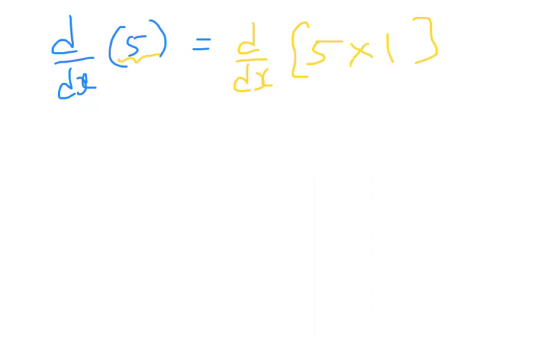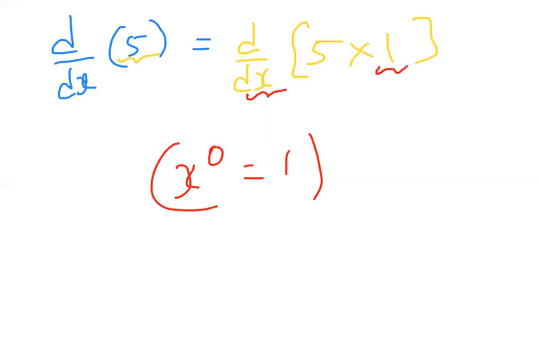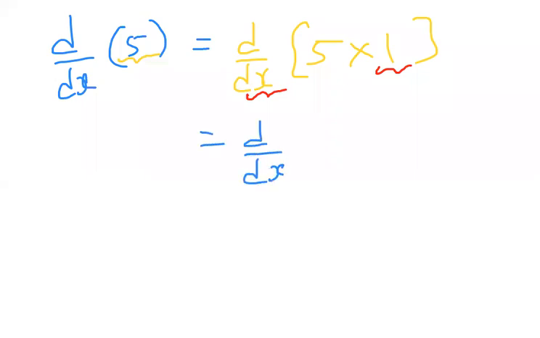I know x power 0 is called 1, and because we are differentiating with respect to x, I want to involve some x term there. For that purpose, I take 5 into 1 and call the 1 as x power 0. Because we are differentiating with respect to x, we require some x term. So d by dx of 5 into x power 0.